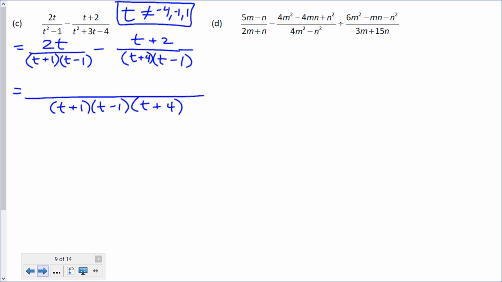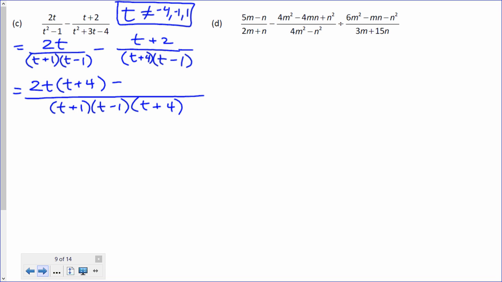Now, I go to my 2t, and what is the piece I need so that this piece divided by the denominator would be equivalent to 2t over t plus 1 times t minus 1? I need to multiply by the missing piece, right? The t plus 4 minus.